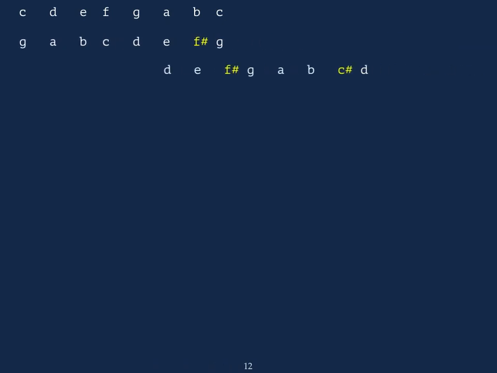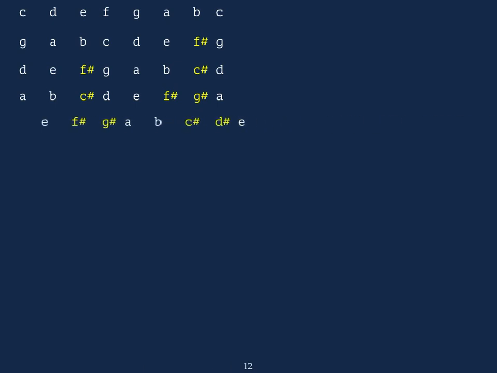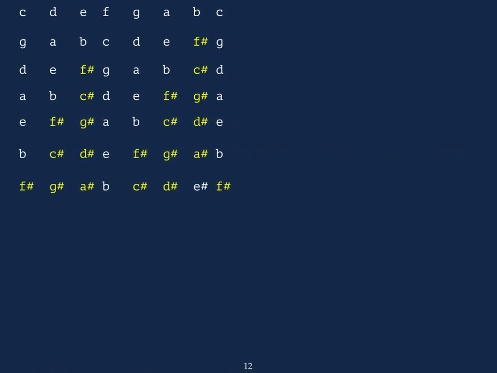G, D, A, E, B. And now here's the first scale that uses the E sharp note, as I call the oddly named note. Let's look at that, changing C sharp, D sharp, E sharp, F sharp into D flat, E flat, F and G flat.